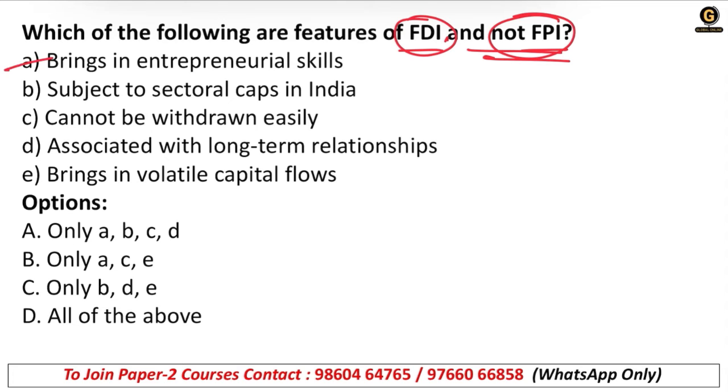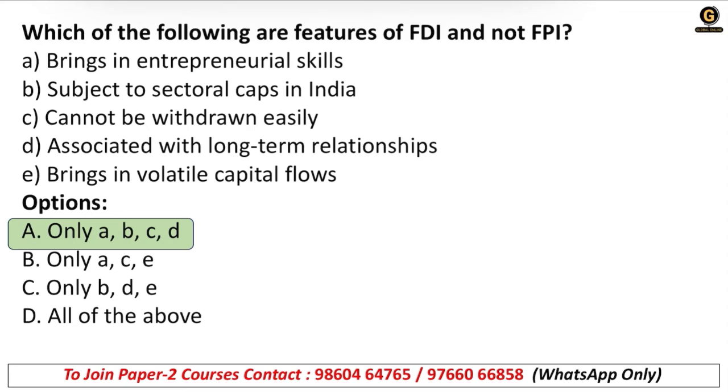Correct. Bring in entrepreneurial skills, subject to sectoral caps in India, cannot be withdrawn easily, associated with long-term relationship, bring in volatile capital flows. The right answer is option A, B, C, and D. E is not correct. Okay, this is related to FPI, not FDI.